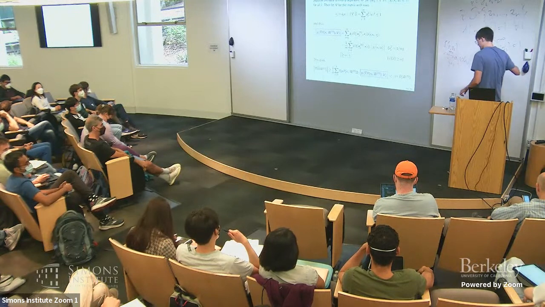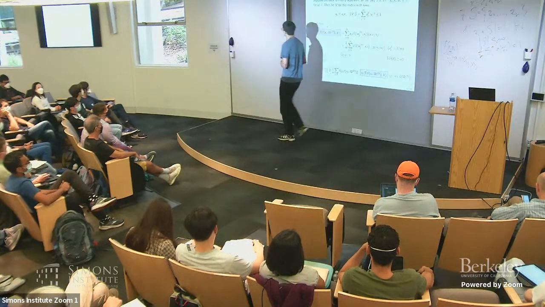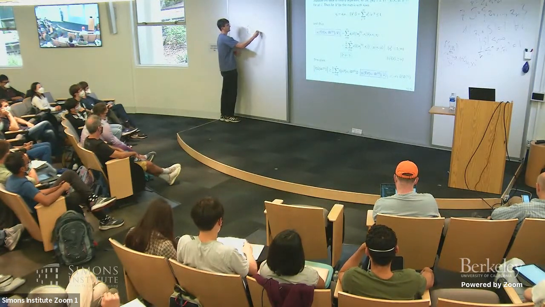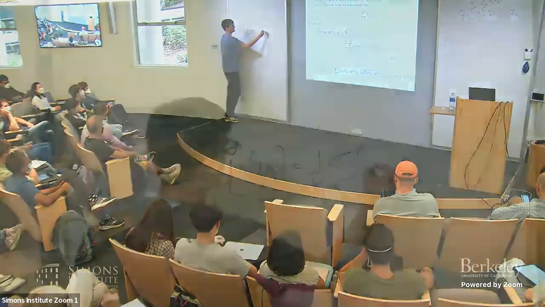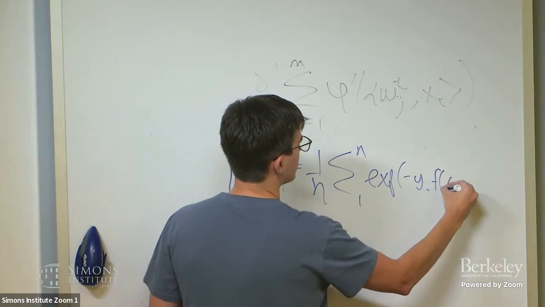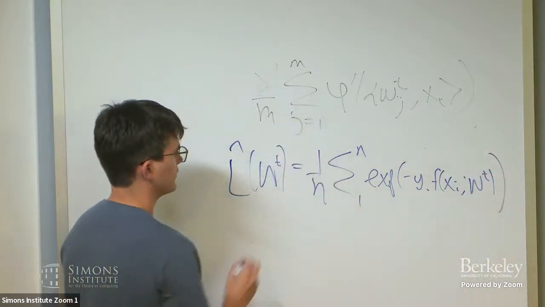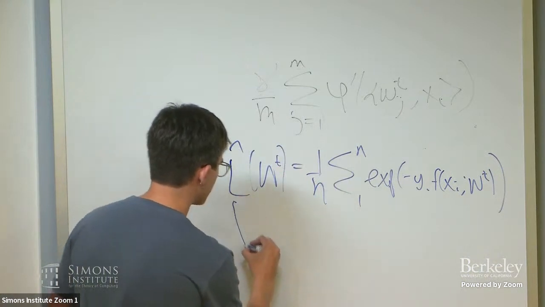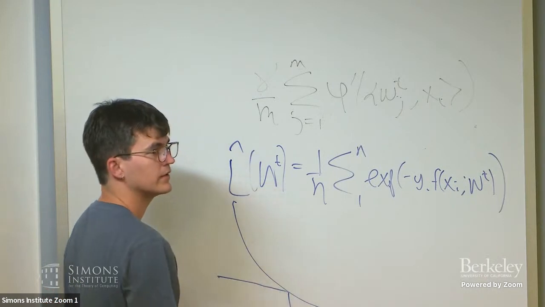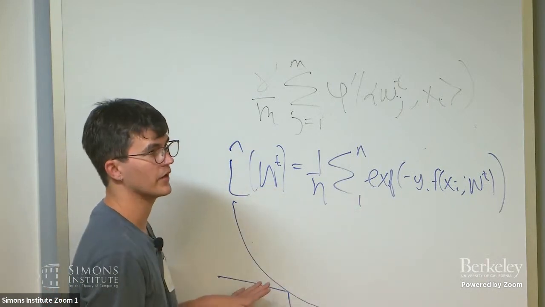Yeah, that's a good question. So L hat of W is just 1 over n, the sum from i equals 1 to n of exponential of minus y_i f(x_i; W_t). And remember, the exponential loss looks like this, and the 0-1 loss looks like this. So if the exponential loss is small, then the 0-1 loss is small.